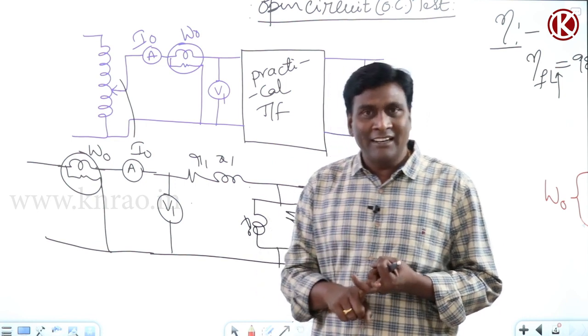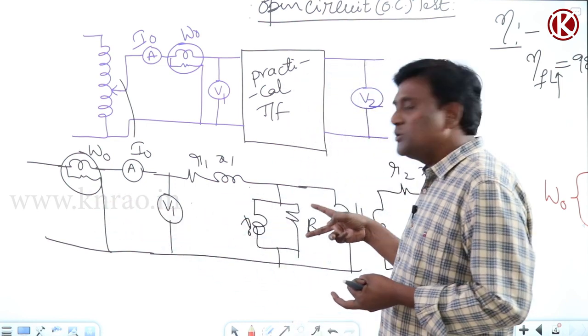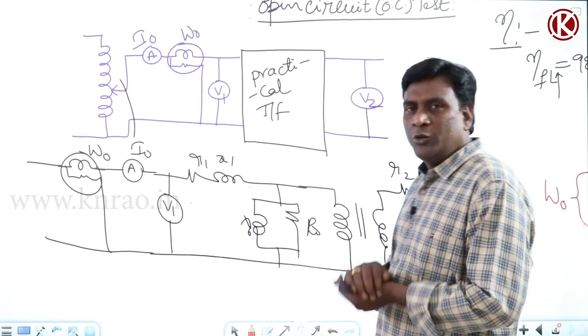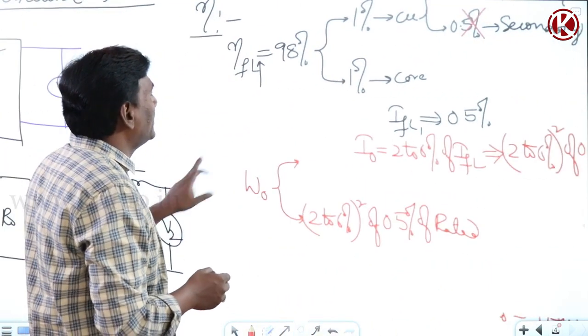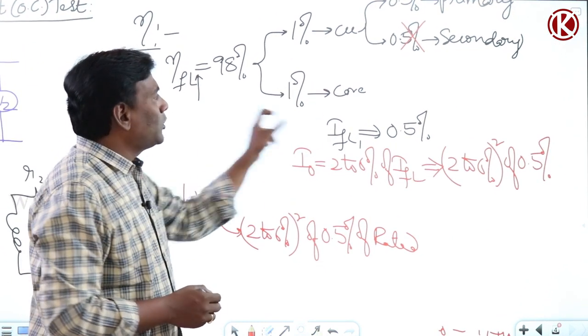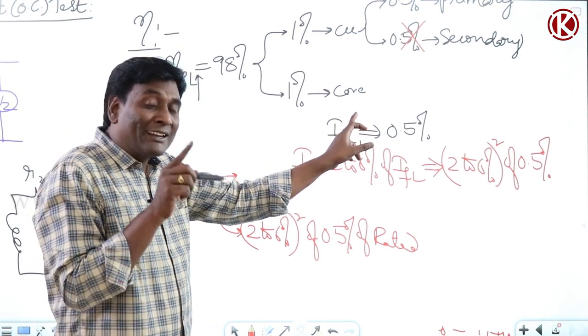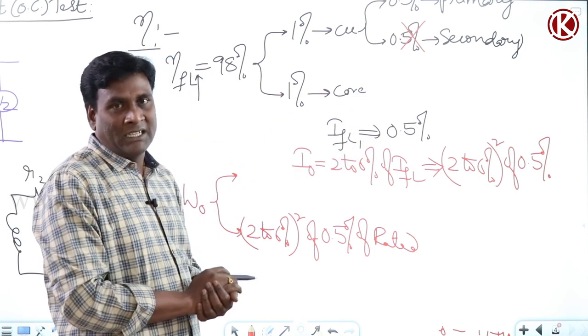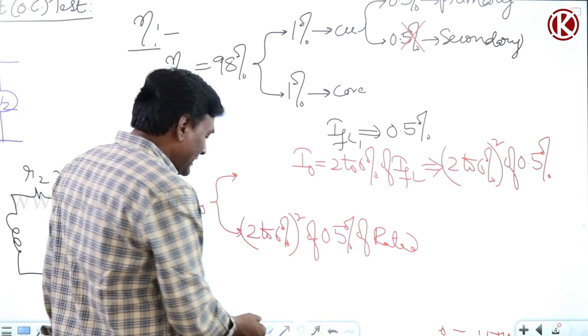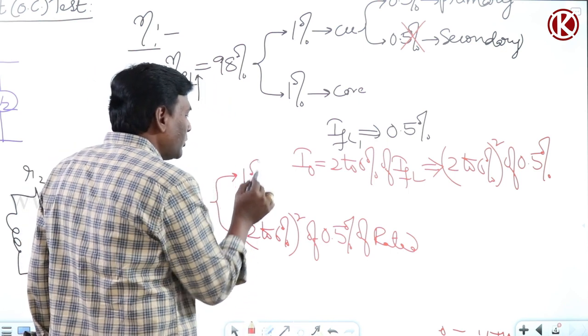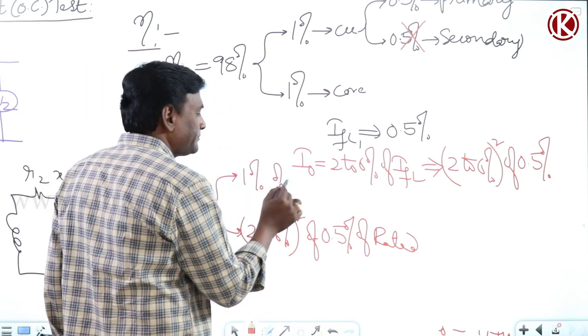Now if you think of eddy current loss, rated voltage you are supplying here, so eddy current loss is going to be rated. Total core loss here is 1% when the transformer is operating at rated conditions. As of now it is operating at rated voltage and rated frequency, so this is going to be 1% of rated.